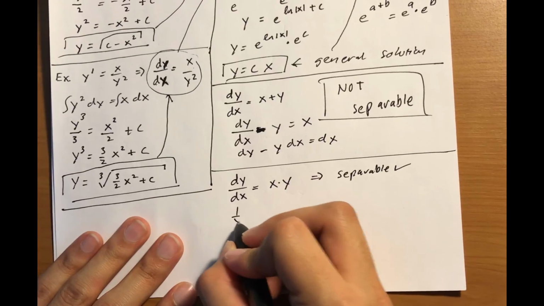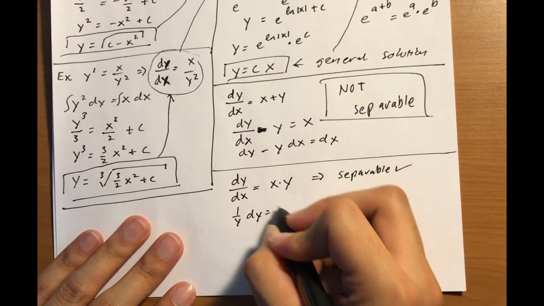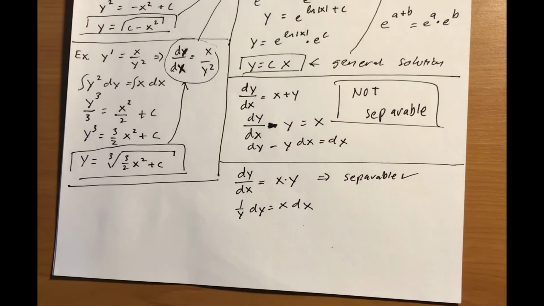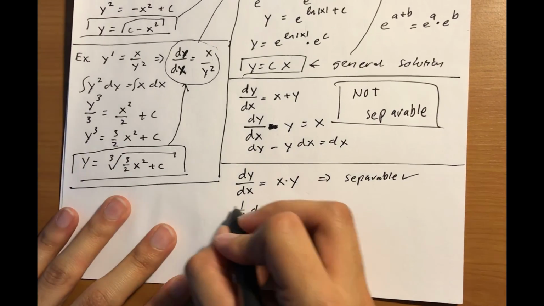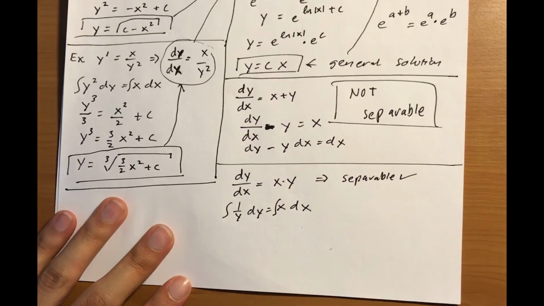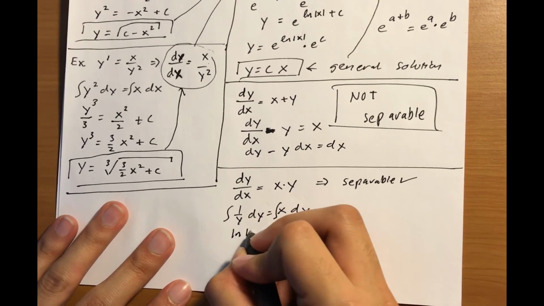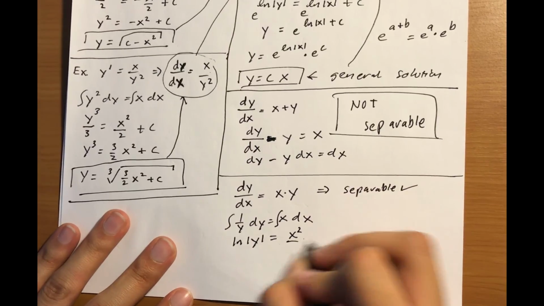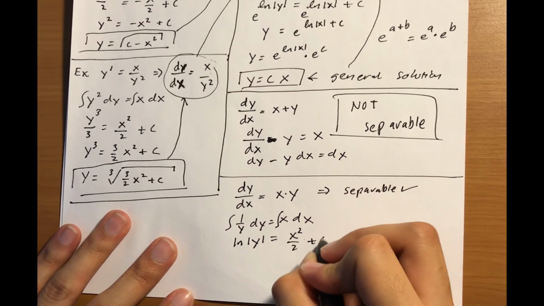So we get 1 over y dy equals x dx. And using simple integration techniques, integrate both sides. This is just ln of y equal to x squared over 2 plus c.